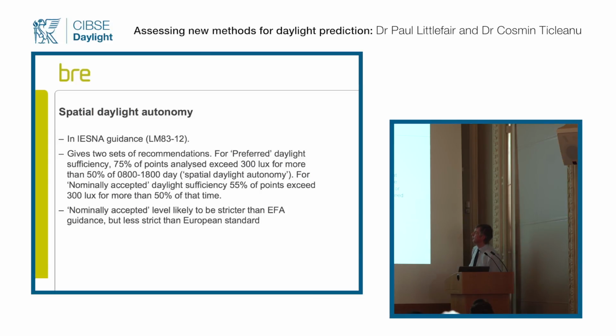So what it says is that for preferred daylight sufficiency, you should have 75% of your working plane exceeding 300 lux for more than 50% of, in this case, an 8 till 6 working day, which is really targeted at offices, and it's based on a study that was done in offices. And for nominally accepted daylight sufficiency, they say 55% of a working plane should exceed this 300 lux for more than 50% of this working day.